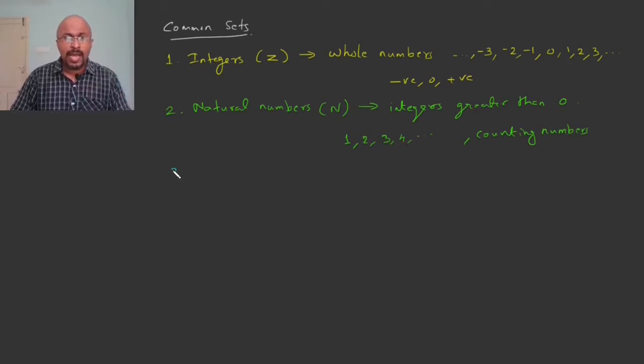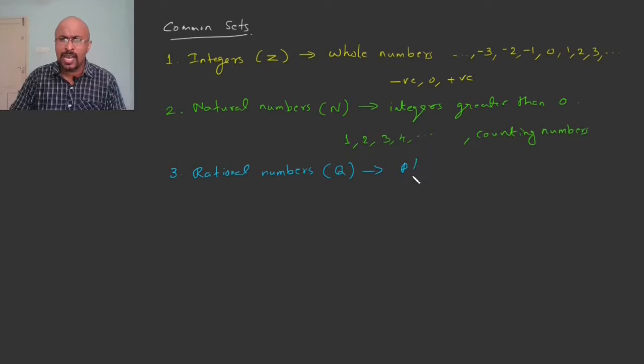The third common set we are going to study is the set of rational numbers. It is represented as capital Q. A rational number is a number which can be expressed as a ratio of two integers, or we can say it is a fraction of two integers. So here P and Q are two integers, and if we can represent a number as P divided by Q, then that number is a rational number.